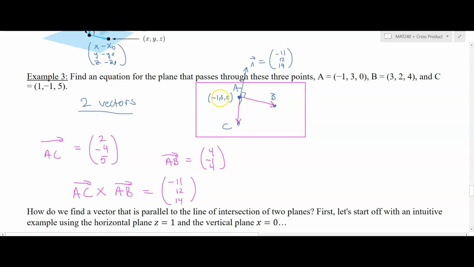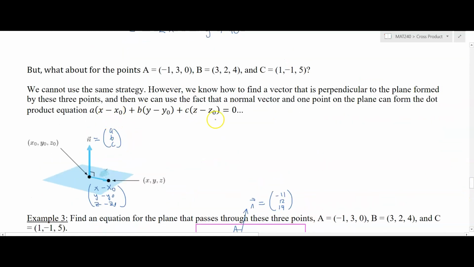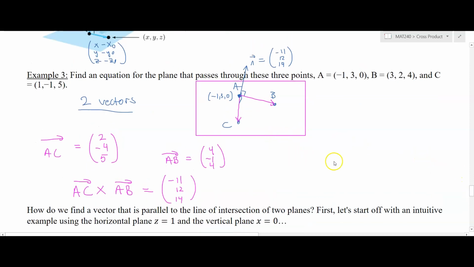Because we have one point in a plane and we have a vector that is normal to it, we can now utilize this dot product approach to finding the equation of that plane. So let's go ahead and do that. What we'll do is we'll take a, which is negative 11, times x minus x naught.